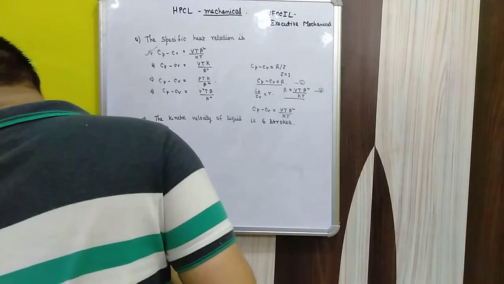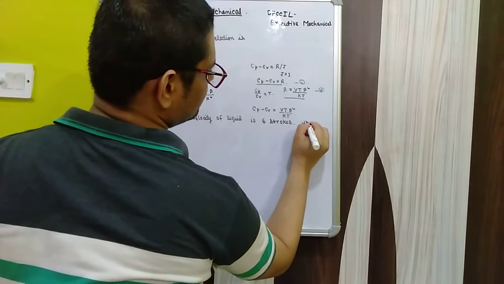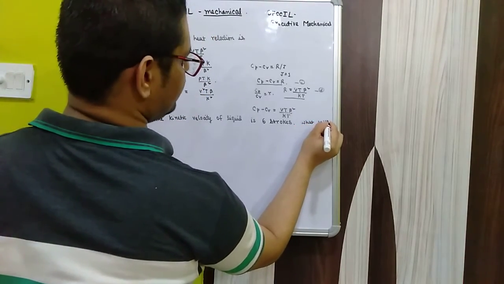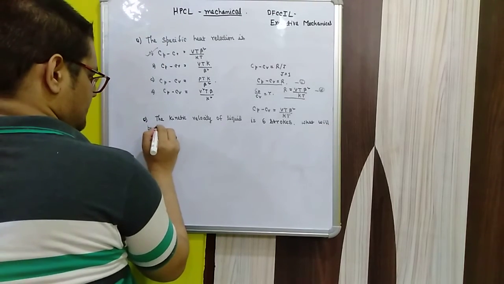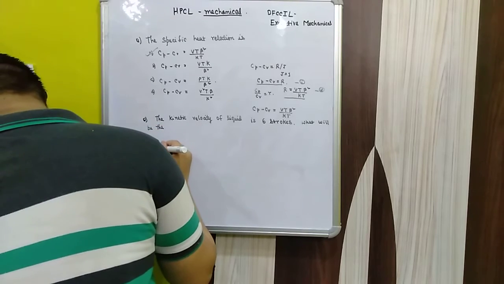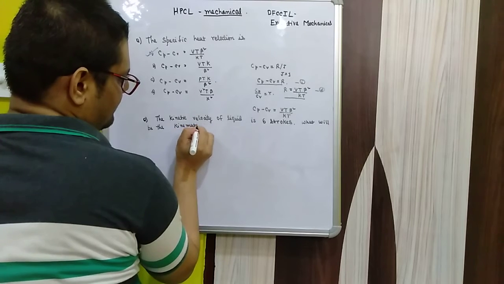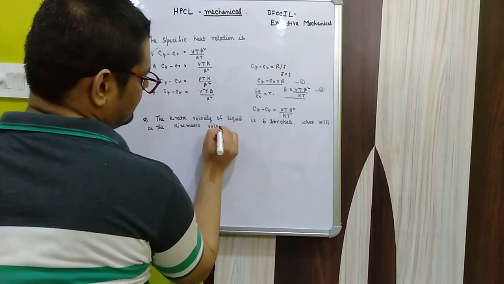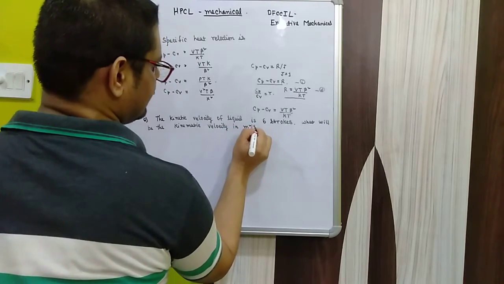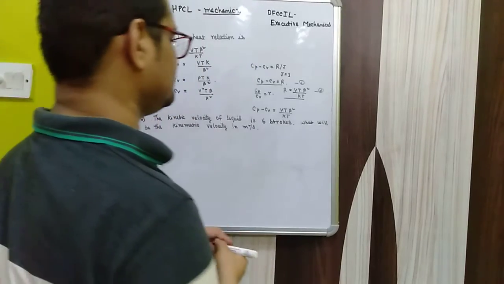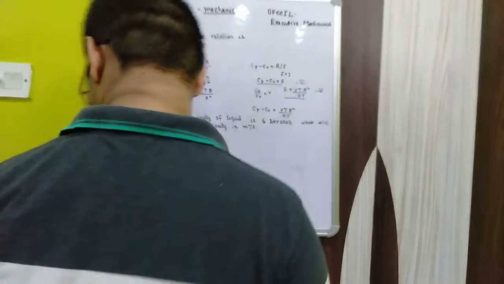What will be the kinematic viscosity in meter square per second?